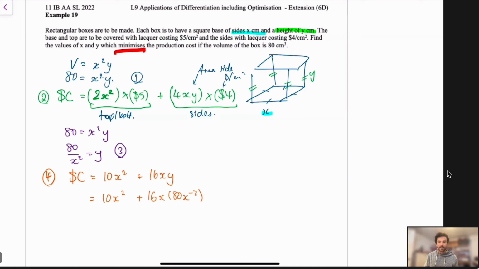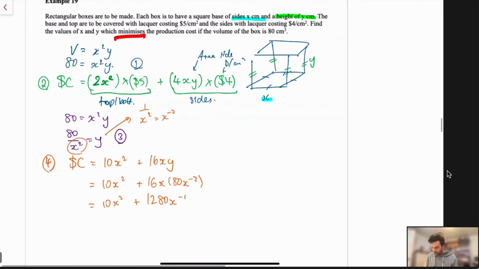Now I've written this as x to the negative 2 because we know that 1 on x squared is x to the negative 2. So I'm just bringing that up. Let's keep going. Now 80 times 16 is 1280, x to the negative 1. Okay.